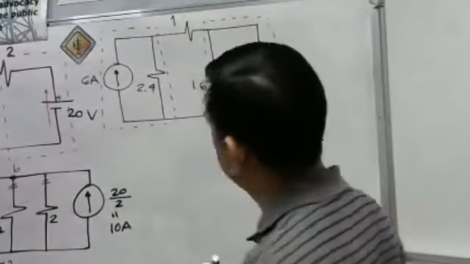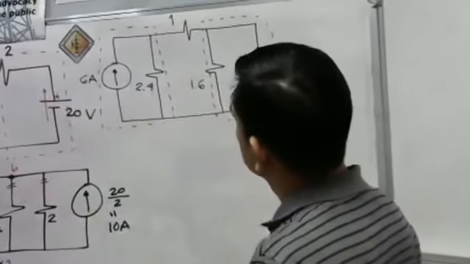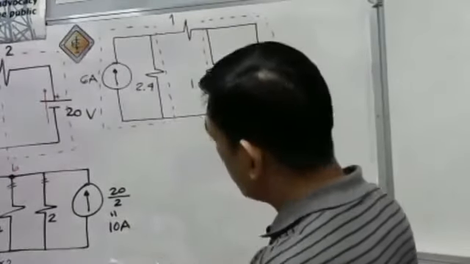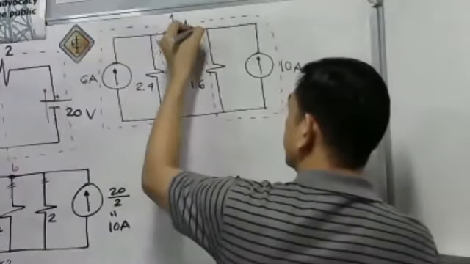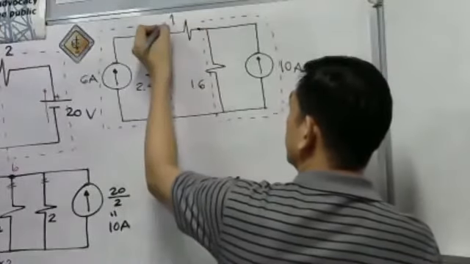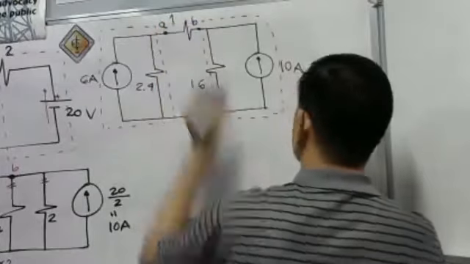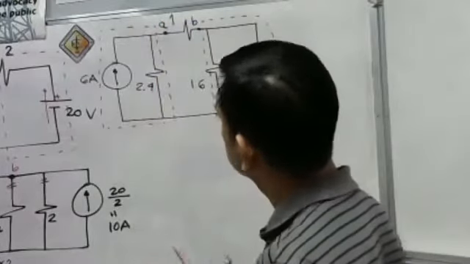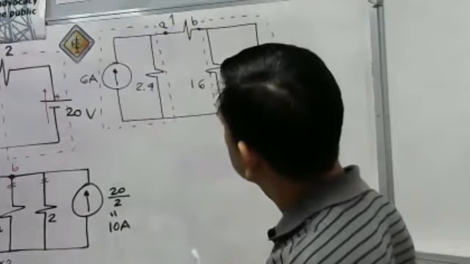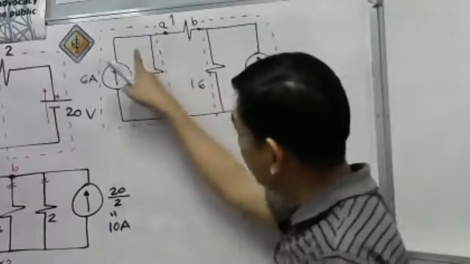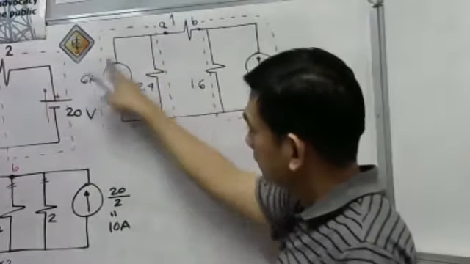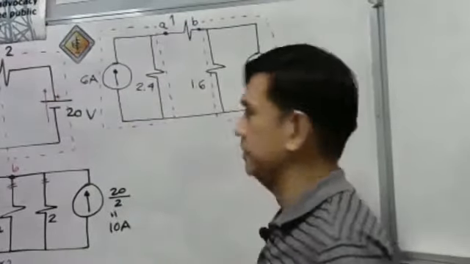So, we have here our point A and point B, where our 1 ohm resistor is connected. We may replace this Norton circuit into Thevenin's circuit.